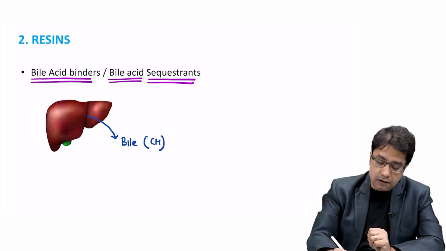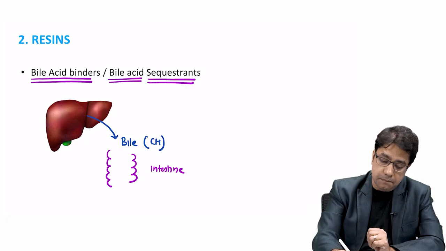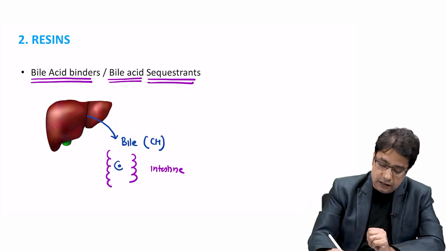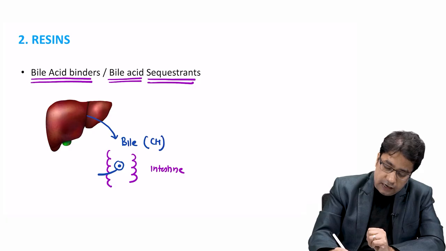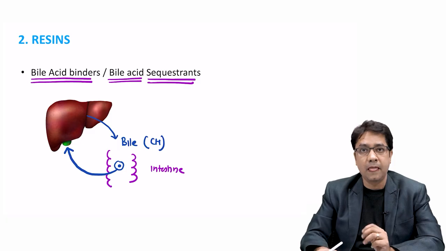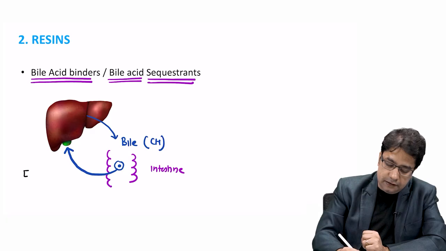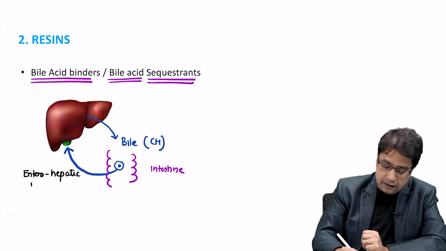Normally this bile comes to the intestine and the bile which comes into the intestine again gets reabsorbed from the intestine back to the liver. This reabsorption of bile from intestine back to the liver, we call it enterohepatic reabsorption of bile.